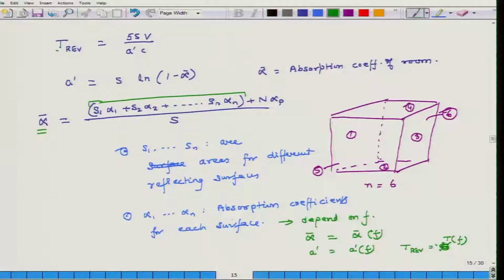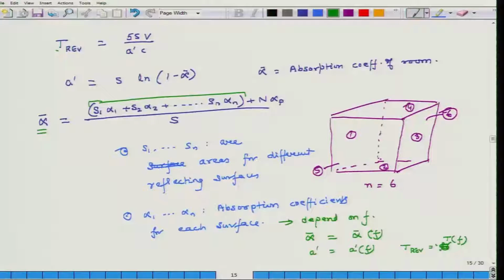So, we know that alpha 1, alpha 2 are absorption coefficients. So, what does absorption coefficient mean? That if I send sound having 1 watt of power and this 1 watt of power strikes this surface, and if the absorption coefficient of this surface is 0.2, it means that 0.2 watts of power will be absorbed by the surface and the remaining 0.8 watts is something which I will get back.